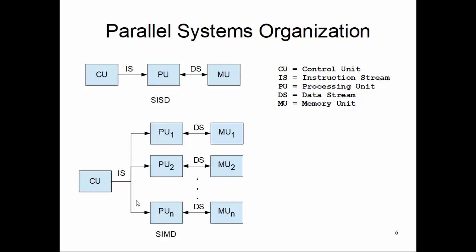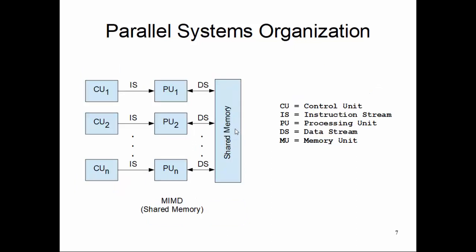Okay, so a single instruction stream goes into the parallel processing units. You can imagine parallel ALUs are deployed, and each of them at the same time operates on a different, unique data stream connected to individual memory units. So that's single instruction multiple data.